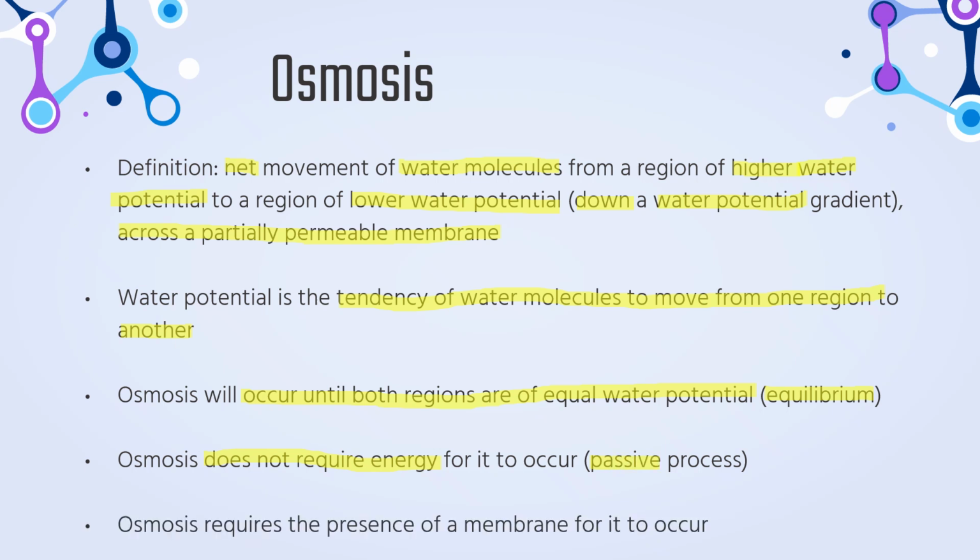And finally, which is different from diffusion, osmosis requires the presence of a membrane for it to occur. If there is no membrane, then there is no osmosis. So it's pretty unique in this way. And that's the reason why it applies a lot to cells, because cells always have a membrane.